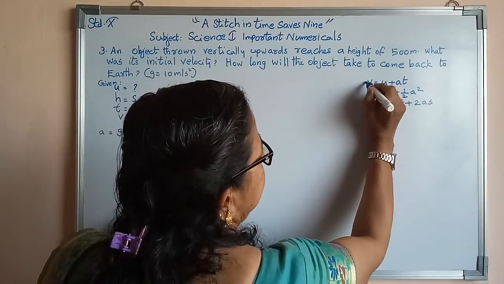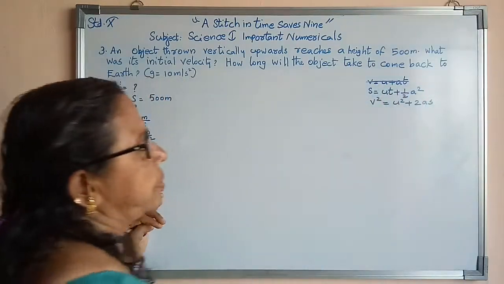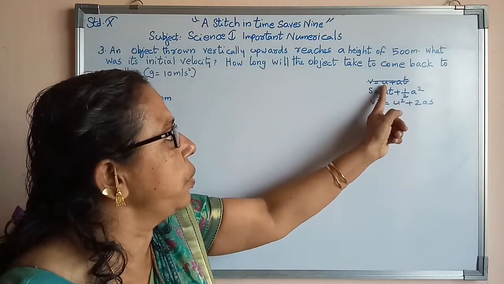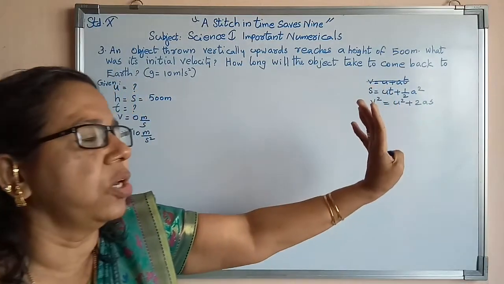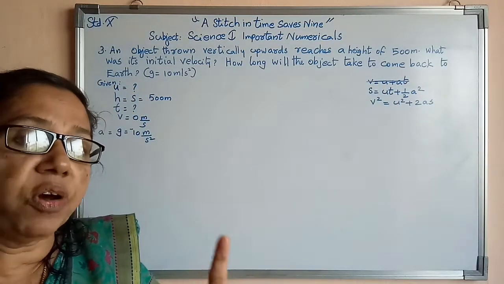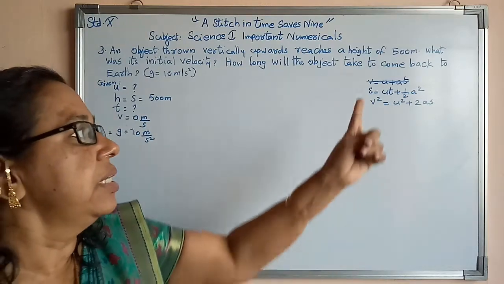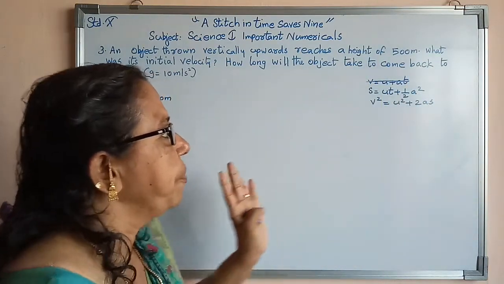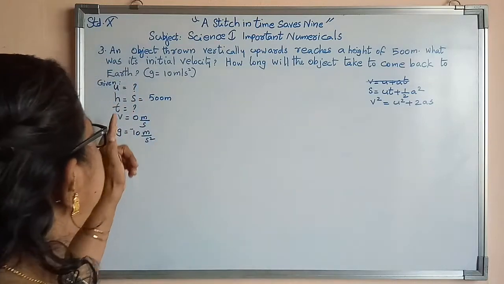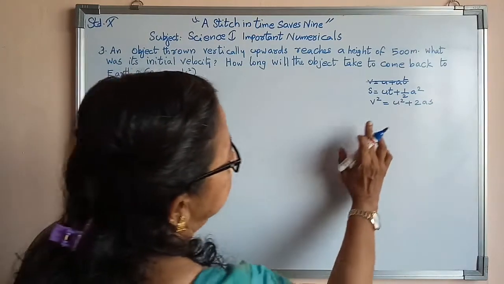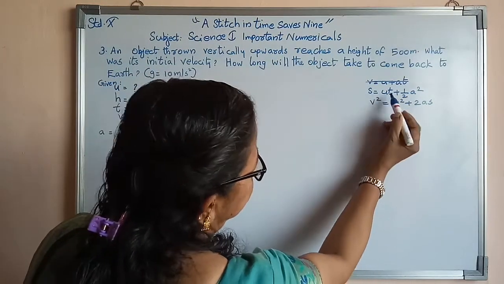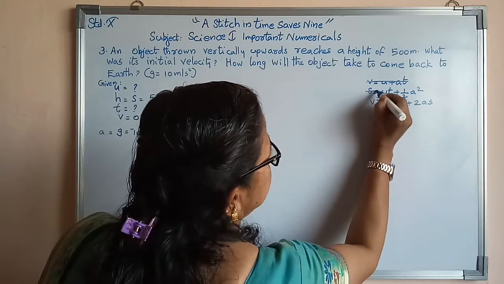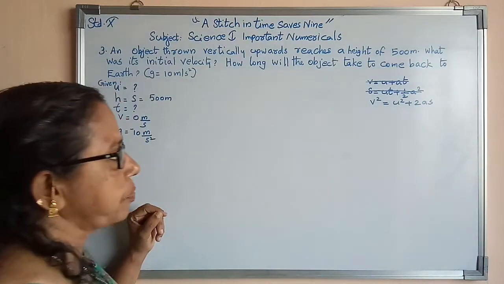So I am cancelling this. At present we cannot use this formula. Why? In this formula we need to find out u as well as t, so it is not possible. In one formula, if two values need to be found out, we cannot use the same formula. So I cancelled that. Now second one, again u we need to find out and t we need to find out. So this formula also we cannot use at present.